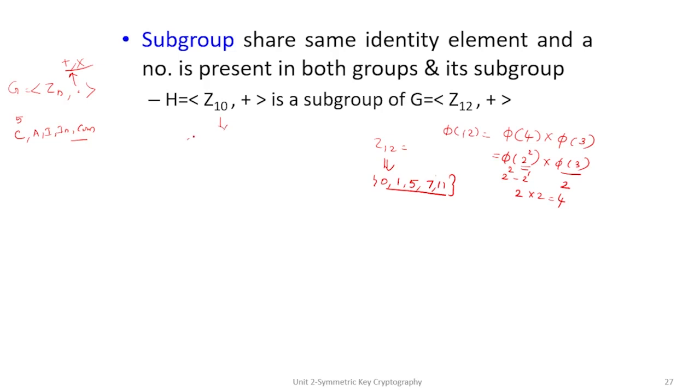If you take Z10, that means phi of 10, which will be written as phi of 2 into phi of 5. Since 2 is a prime number, the answer is 1. Phi of 5, where 5 is a prime number, the answer is 4. So totally 4 values are available. So Z10 contains 0, 1, 3, 7 and 9, while 2, 4, 5, 6 and 8 are not possible.